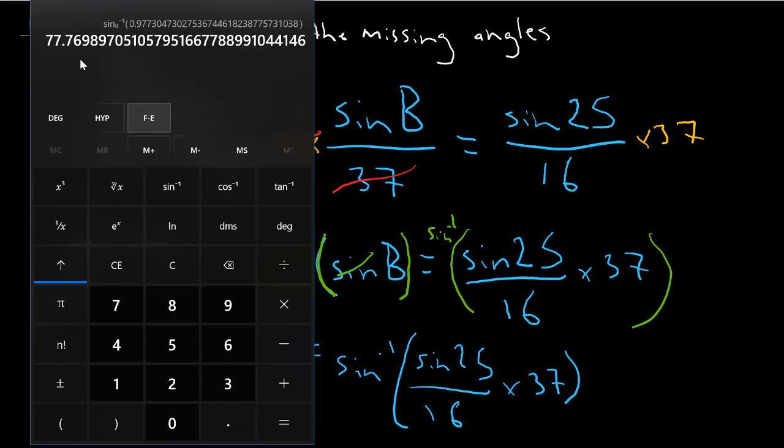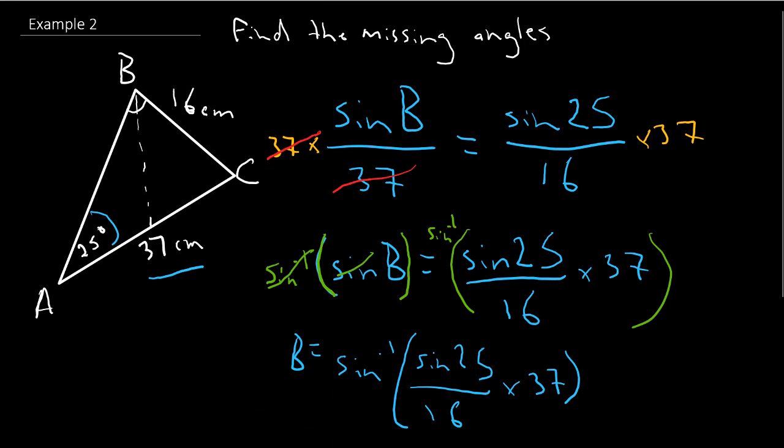So I press sine inverse. And that's it right there, 77.769. I'm going to round to the nearest whole, so it would be 78. So in this case, B is equal to 78 degrees.